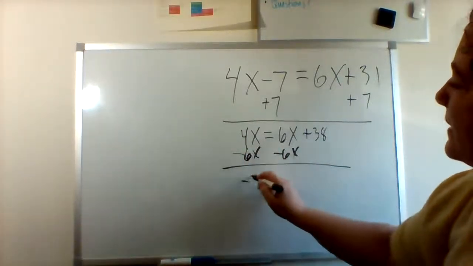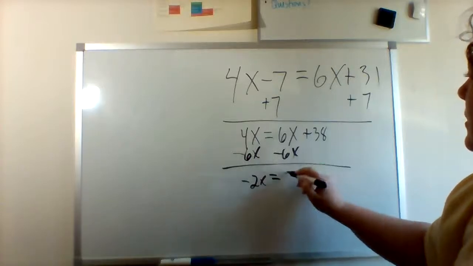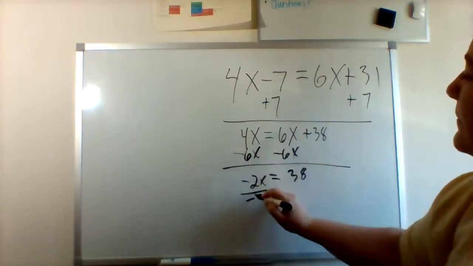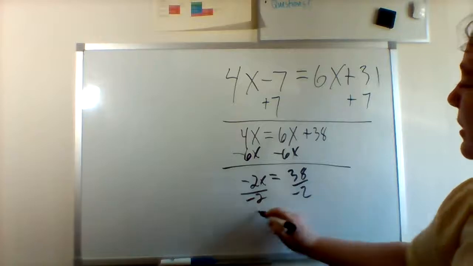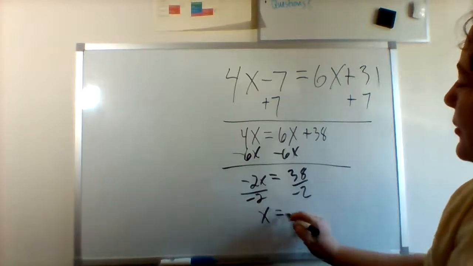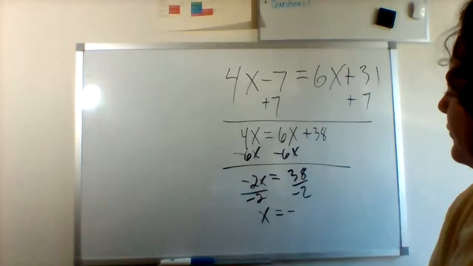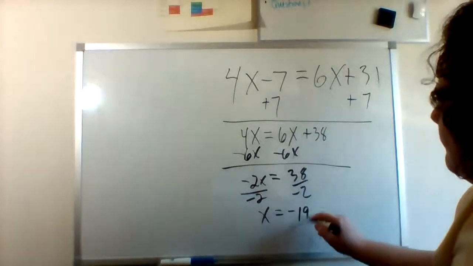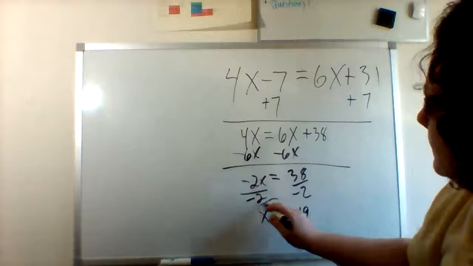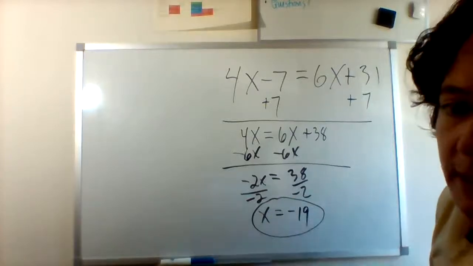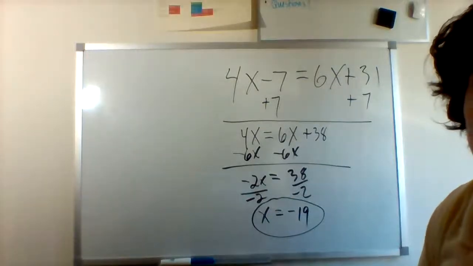Right? 4 minus 6 is -2. 38 divided by -2. What is 38 divided by -2? It is negative, what's that, 19? I believe, -19. Any questions on the warm-up?